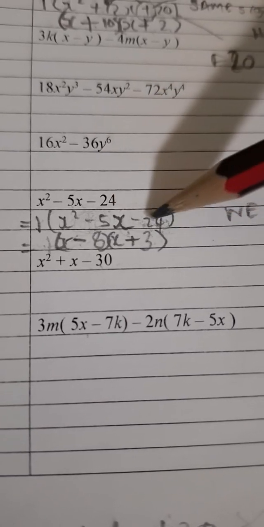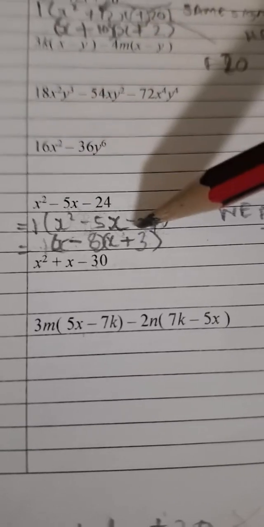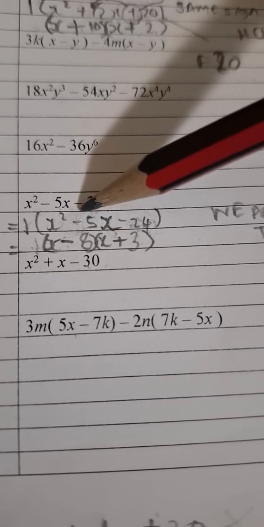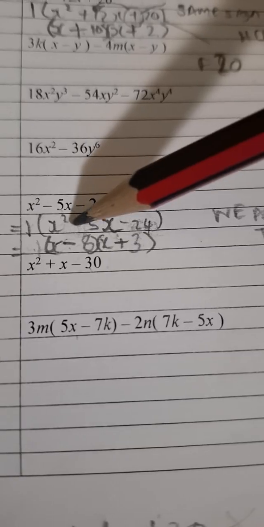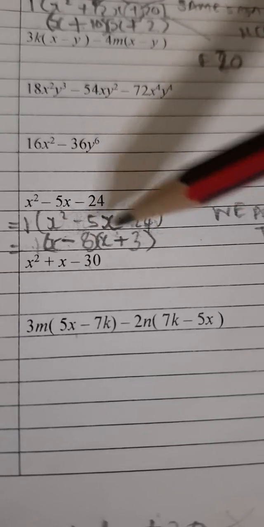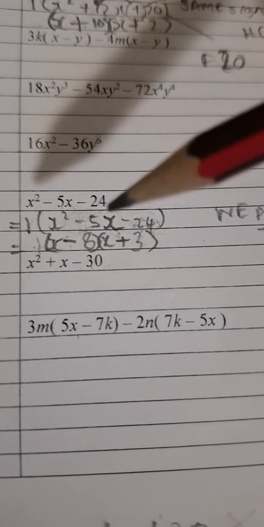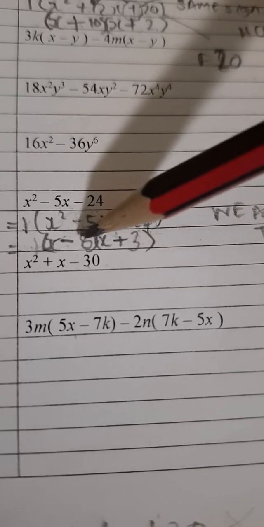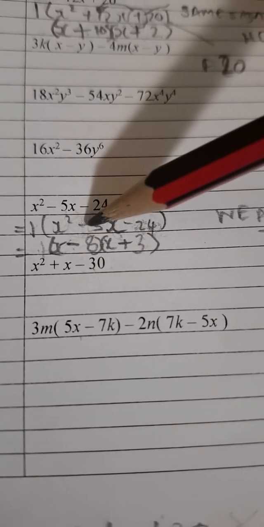That applies when we have a last term that is negative. So the factors of 24 that work here are not 24 and 1, not 6 and 4, not 12 and 2, but 8 and 3. Why? Because negative 8 plus 3 gives you back negative 5. So that's how we dealt with that.